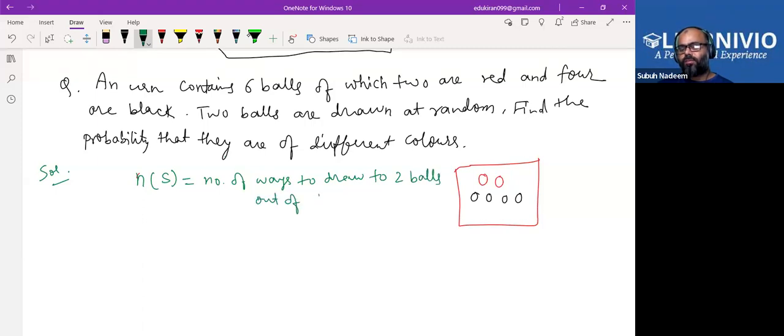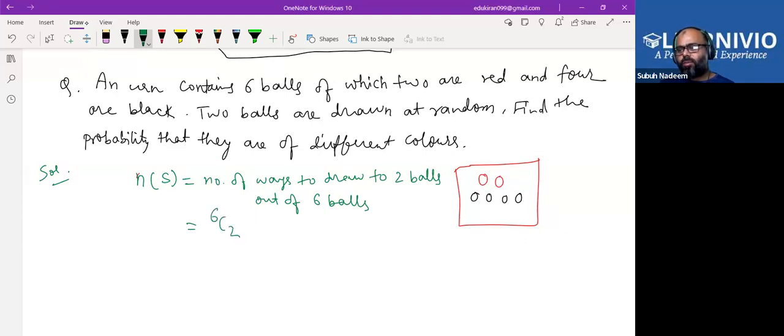What would that be? Have we studied any such formula in permutation and combination? I don't remember. So it is 6C2, right?